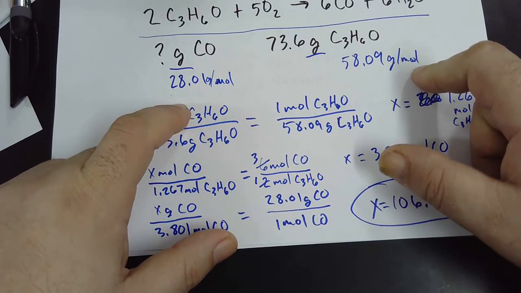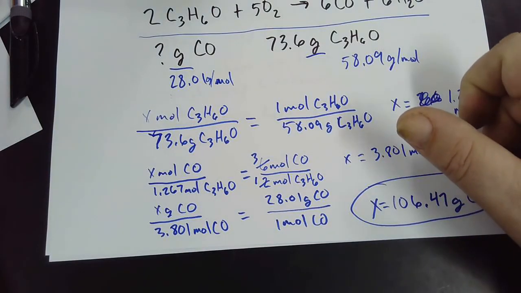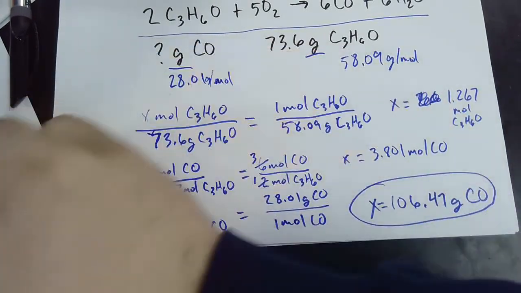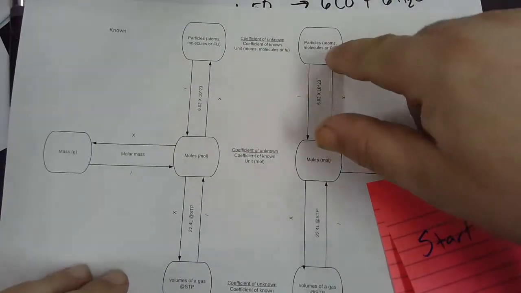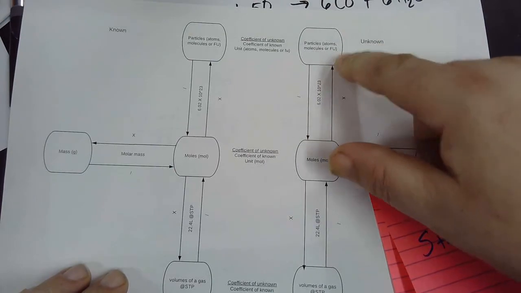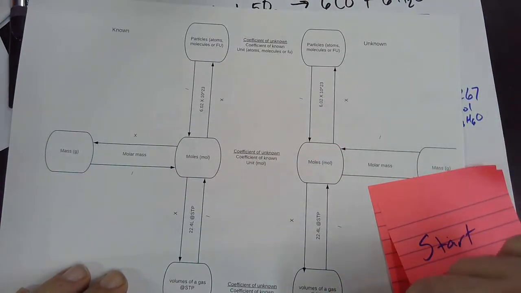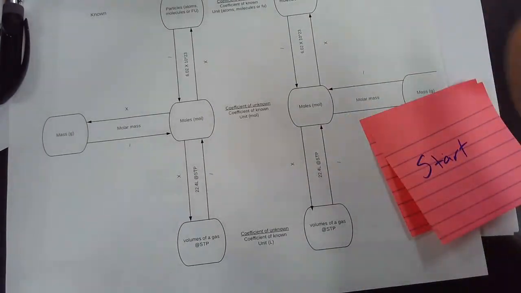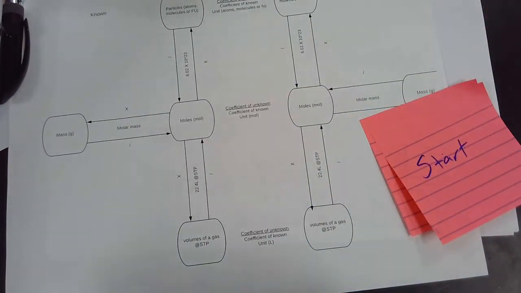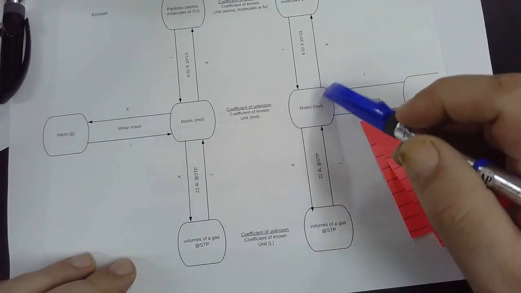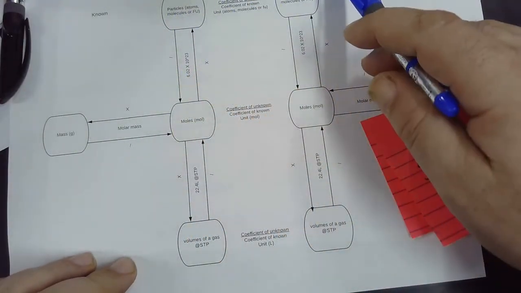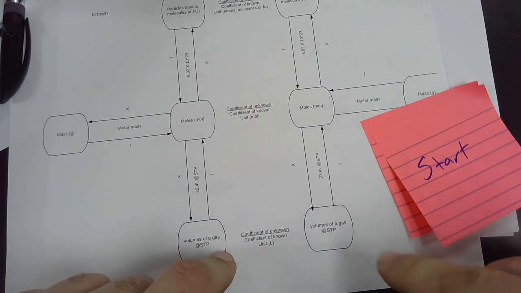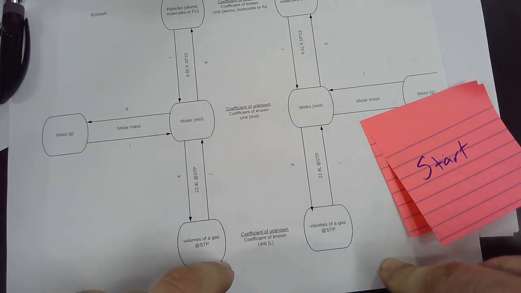All right, anybody else? Yes, Anderson. Yes, I was solving for grams of CO specifically because I could have been solving for particles of CO. I could have been going for liters of CO because CO is a gas. The one very, very specific thing I'm going to tell you: you can always cross at moles. You can always cross at particles, but you can only cross at liters if both substances are a gas.